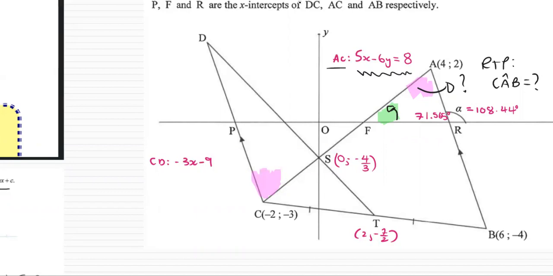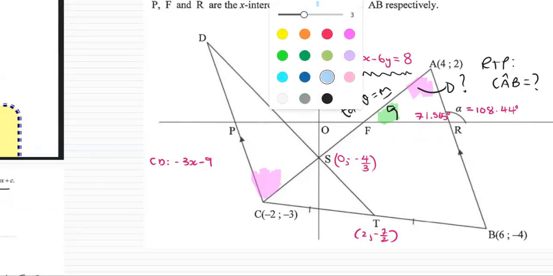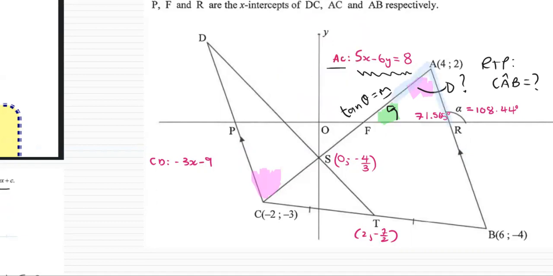If we take this angle of inclination, which we can get with tan theta equals m, the gradient of our line, then the final step is to look into this triangle FAR.